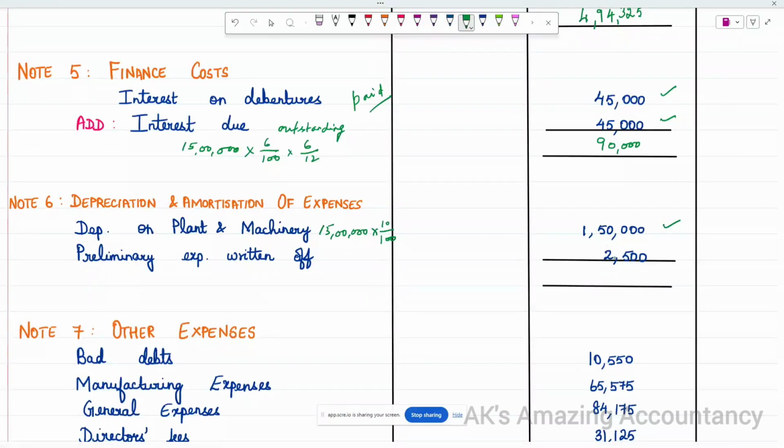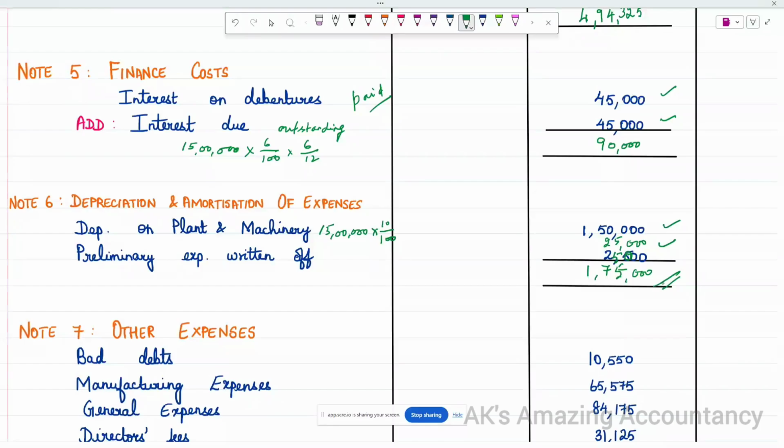Preliminary expenses written off is 25,000. So when you add these two amounts together, you will be getting 1,75,000. This will be Note 6 depreciation and amortization expenses.